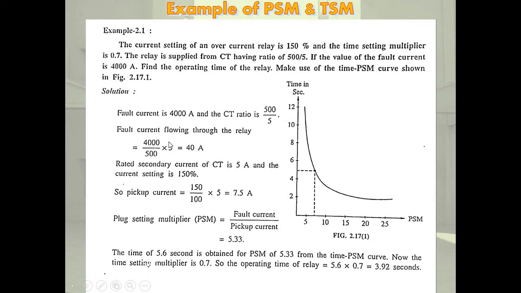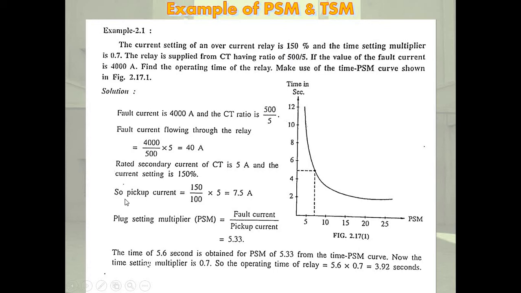So 4000 into 5 divided by 500, and the value of the relay current is 40 ampere. Now the rated secondary current of the CT is 5 ampere and the current setting is 150%, as given in the statement.